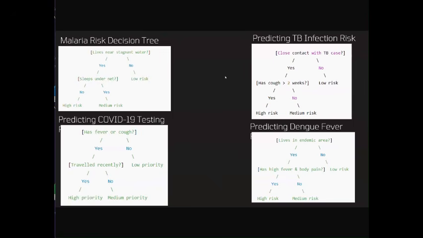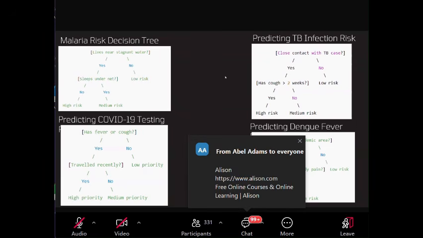malaria risk decision tree. Somebody that lives near stagnant water that inhabits mosquitoes, and you don't sleep under mosquito nets, you'll be at a high risk.